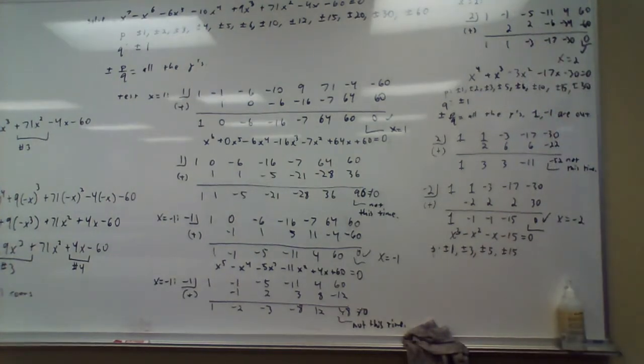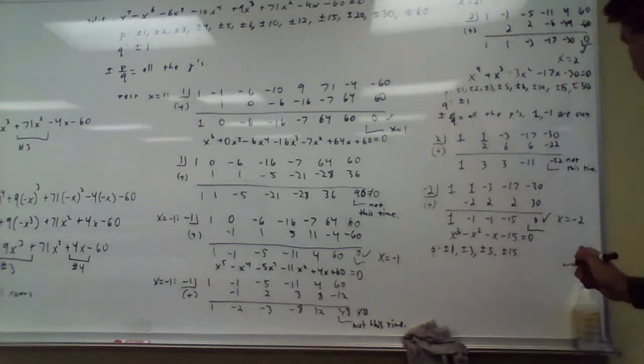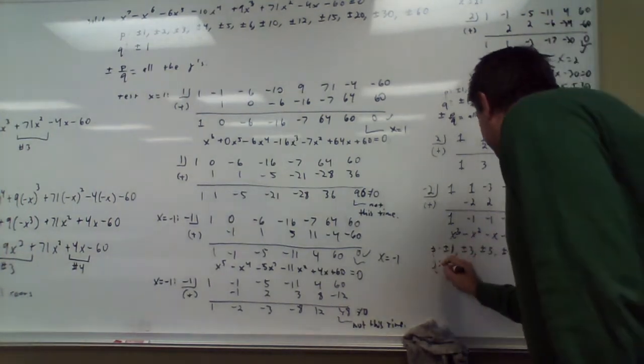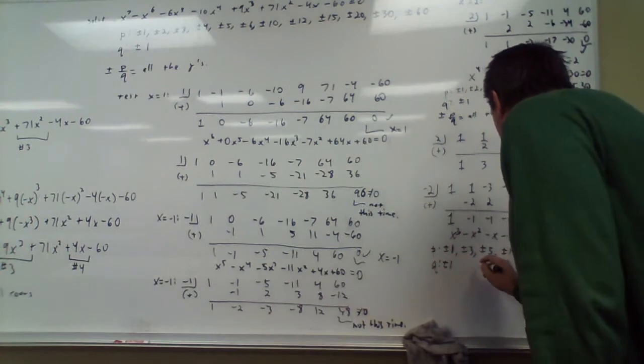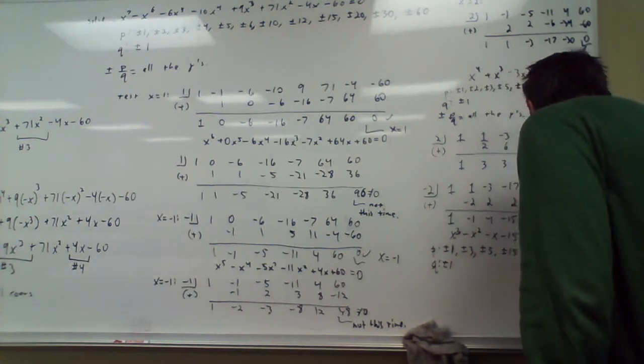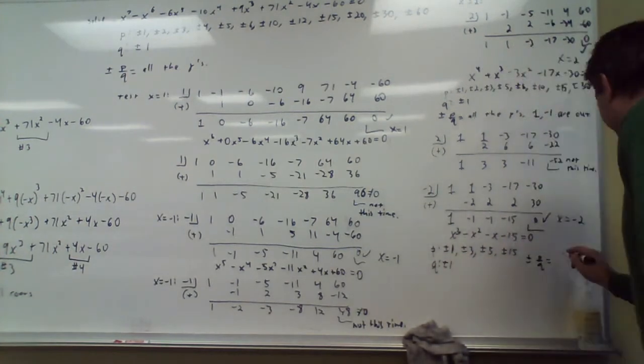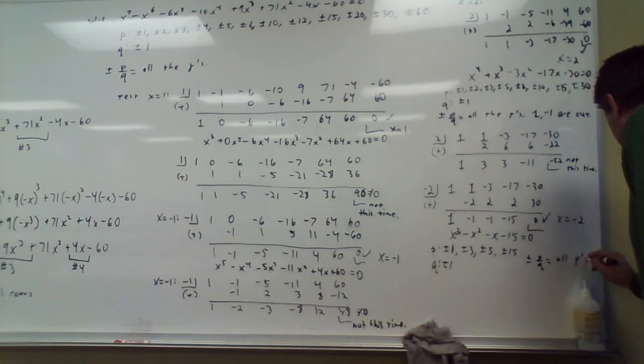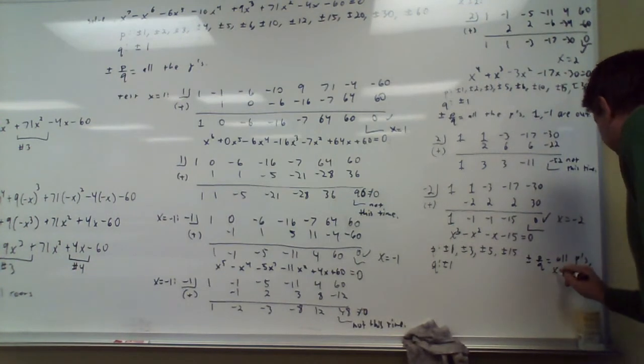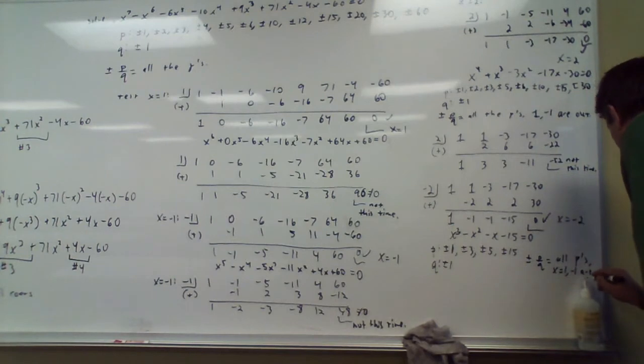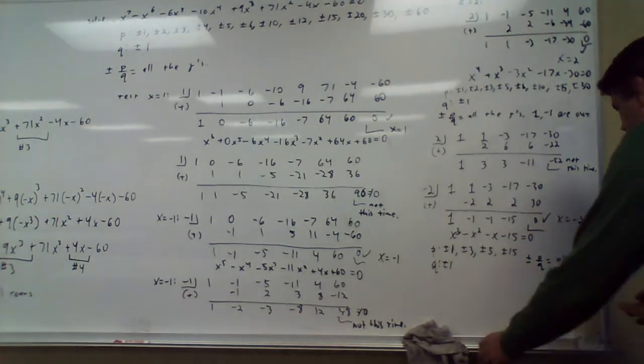Q is still plus or minus 1. So plus or minus P over Q equals all the P's, but x equals 1 and negative 1 are out.